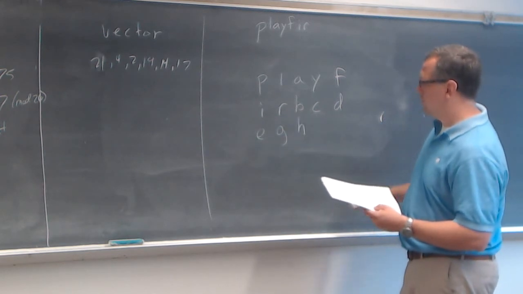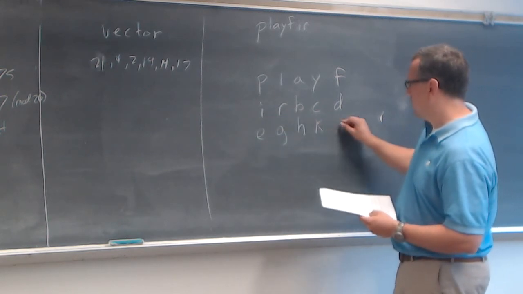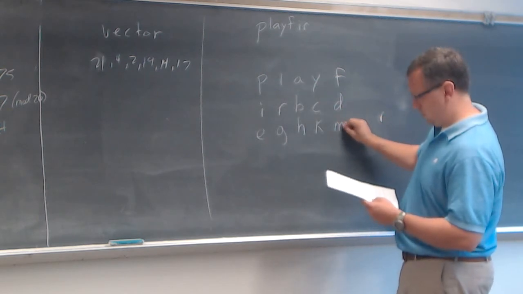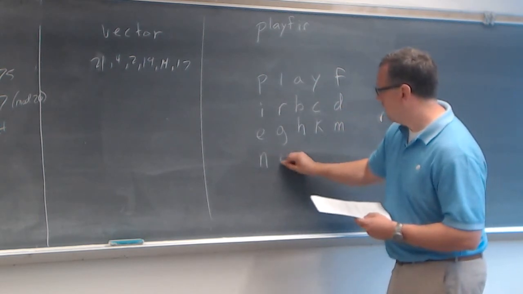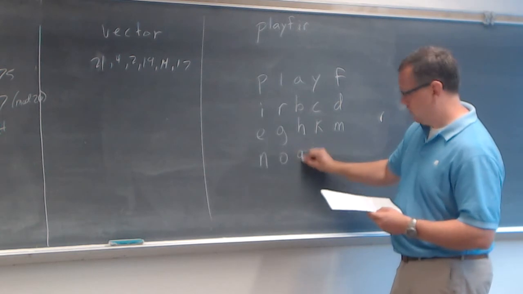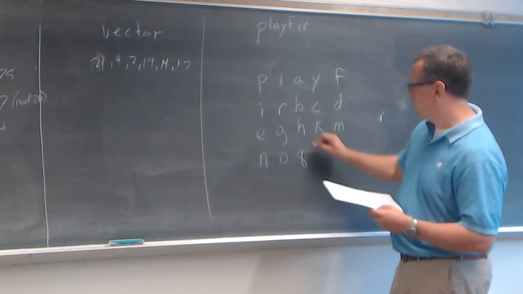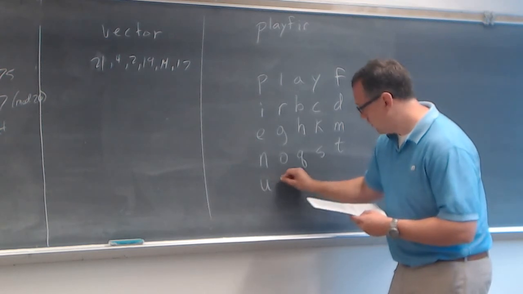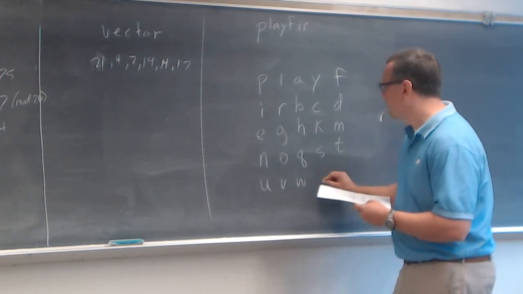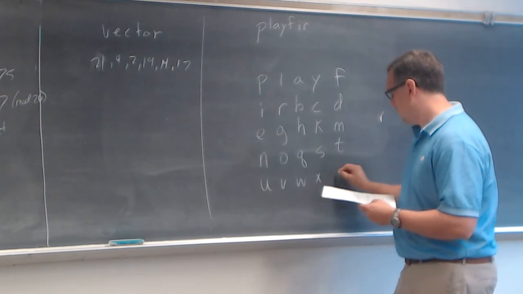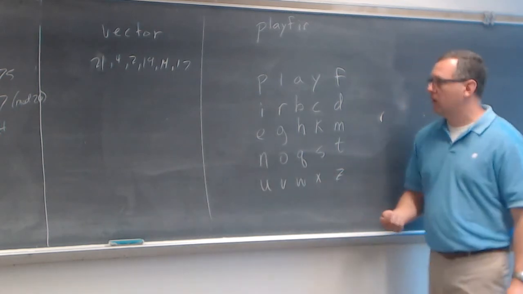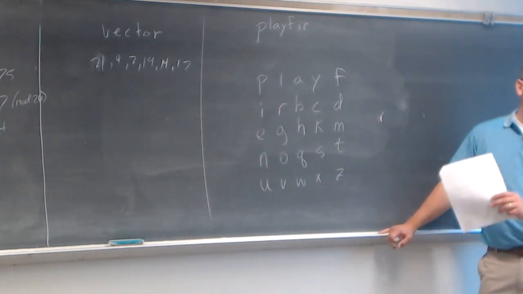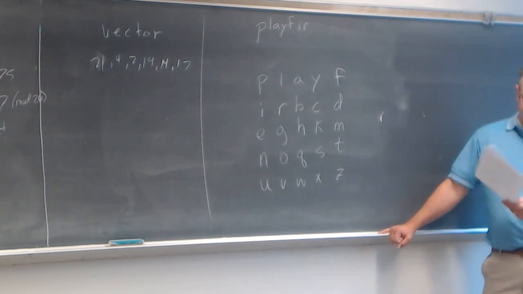Then K. I've already used L, so M, N, O. I've already used P, then Q, I've used R, S, T, and so on through W, X, Y. So this is the matrix that you use to encode messages.